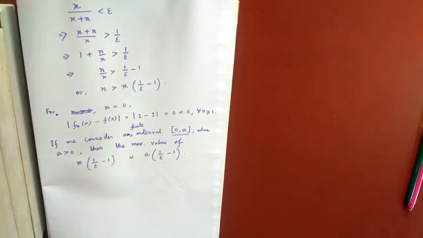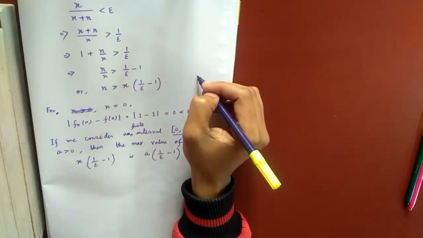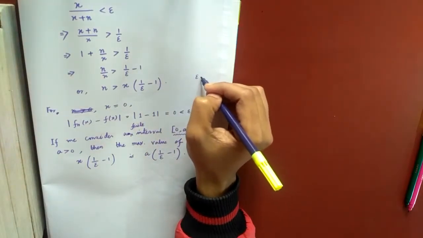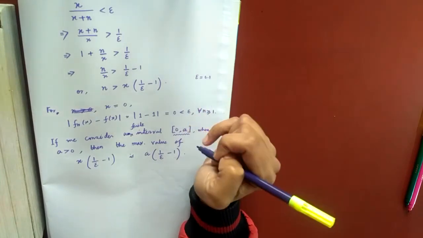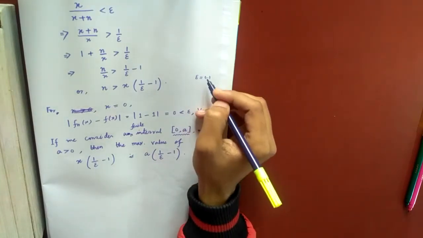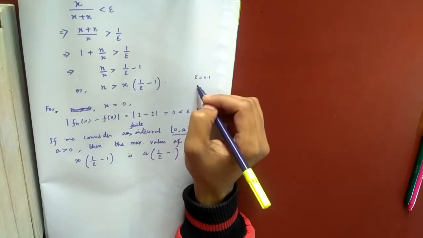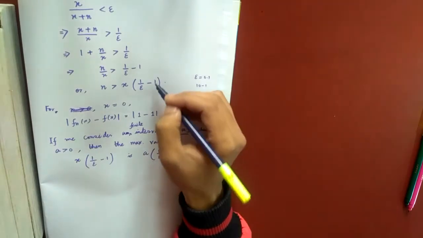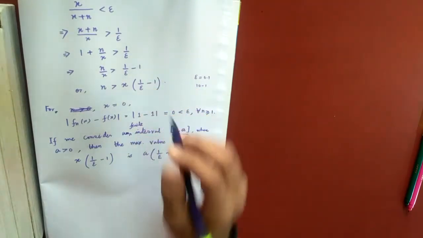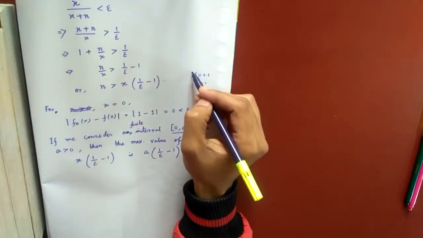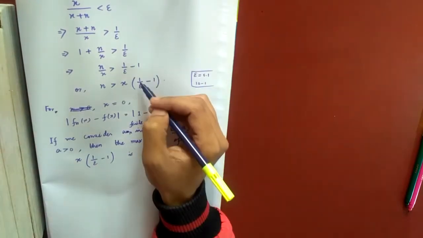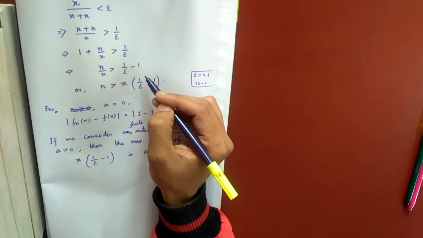My point is, if you are choosing epsilon very close to 0, suppose 0.1, what will be 1 by 0.1? That will be 10. So 10 minus 1, this is a positive quantity. If you are choosing epsilon very close to 0, this number is always going to be positive.